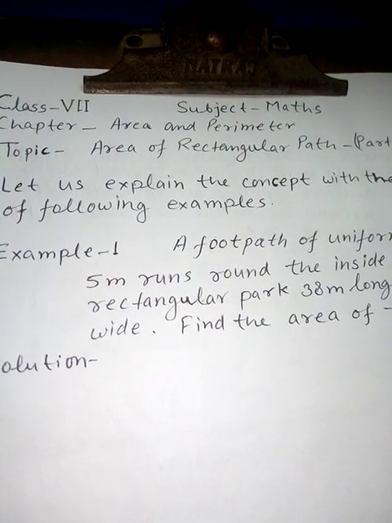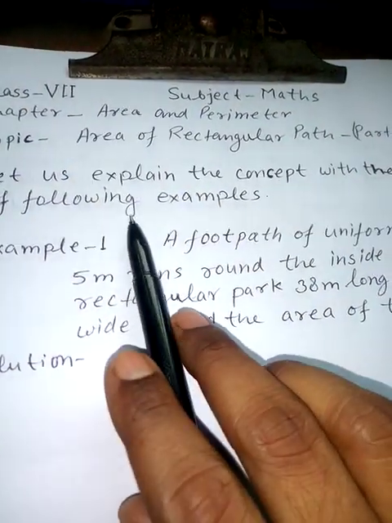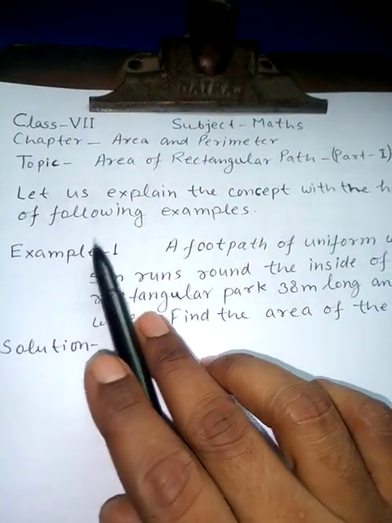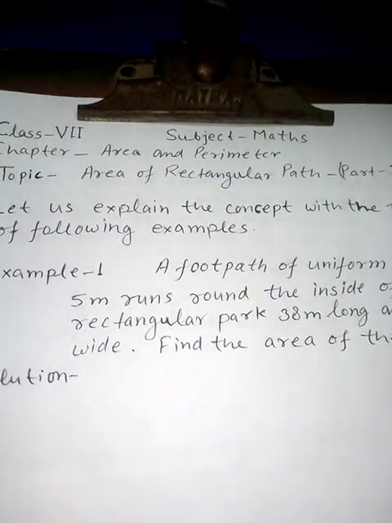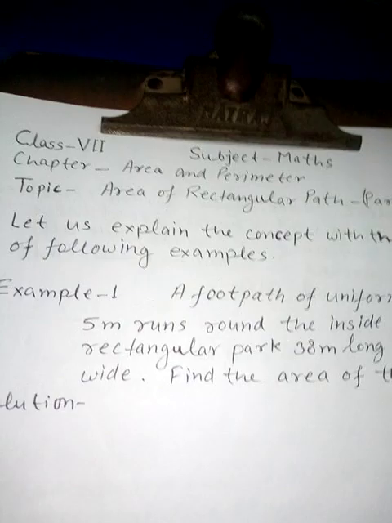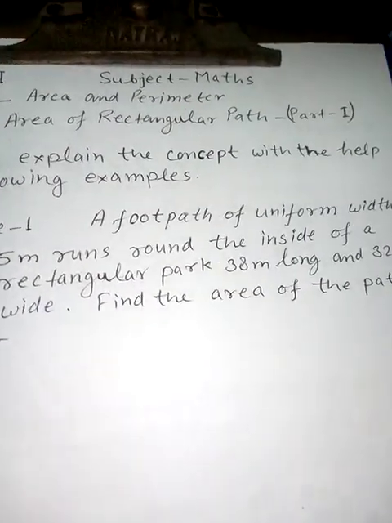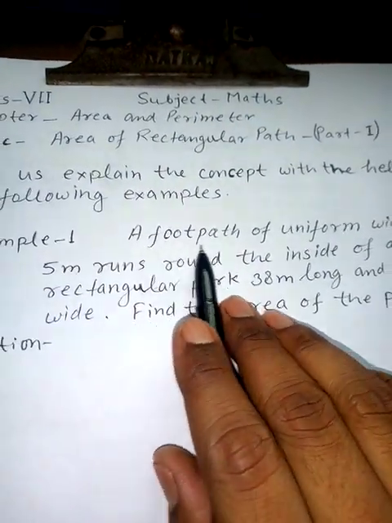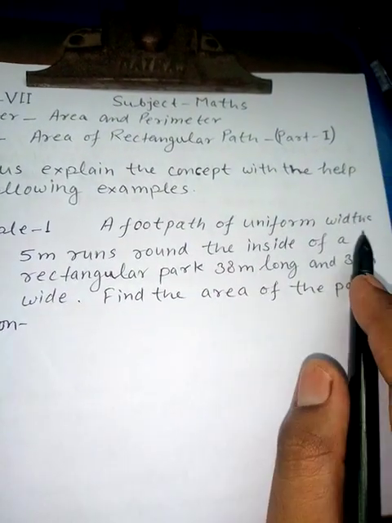To understand this concept, let us explain the concept with the help of following examples. I am taking here first example, a question. You can see a footpath of uniform width.